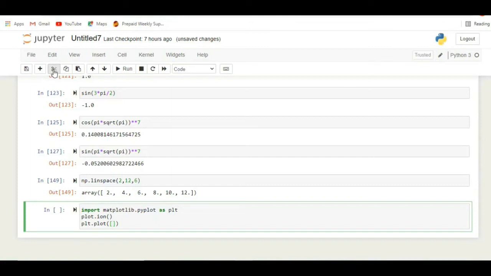What shall we write over here? We shall write 1 and 1.6, comma, 1.6, comma, and another value, which is 2.7.